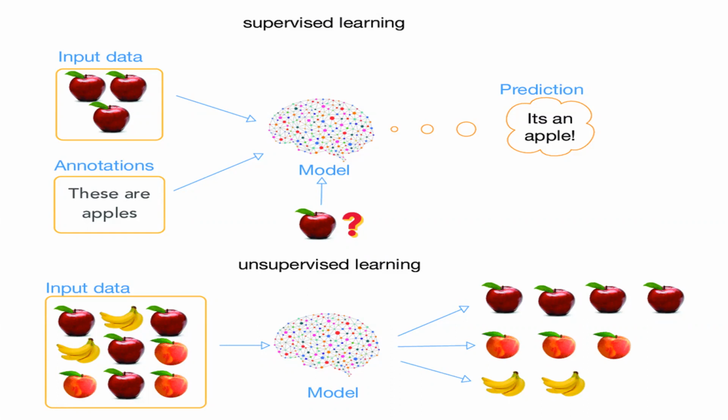For example, if I keep training my model that this is an apple, this is an apple, this is an apple, and then I show my model an apple of a different color that still looks like an apple, my model will be able to predict with maybe 90% accuracy that it's an apple.